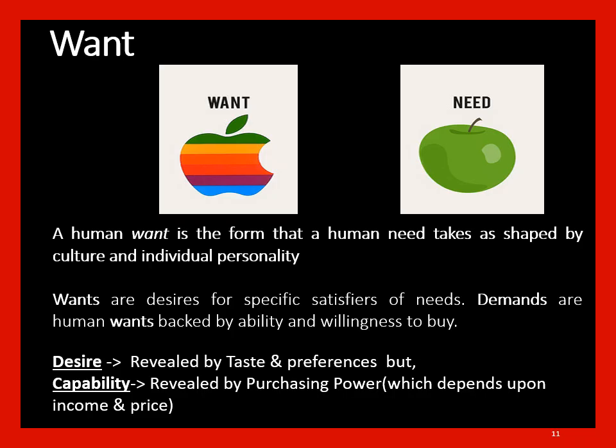So we talked about need, want and demand. Need is the basic requirement or state of deprivation, and want is related to desire, which is revealed by taste and preferences. Capability is related to demand, which is revealed by purchasing power depending upon income and price.